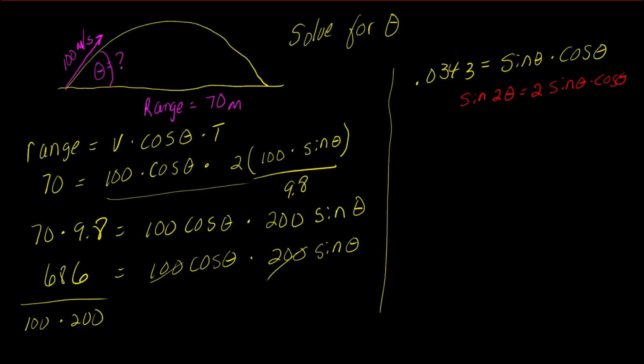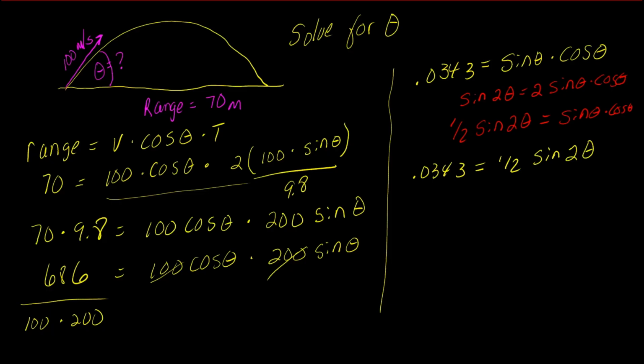Okay, I'm going to take this 2 to the other side, so it'll be 1/2 the sine of 2 theta equals the sine theta times cosine theta. So we have 0.0343 is going to equal 1/2 the sine of 2 theta.